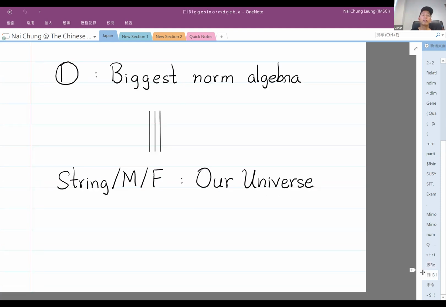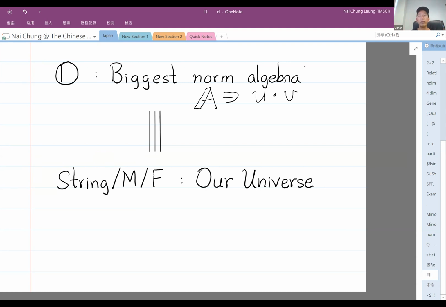Now, the octonion turned out to be the biggest possible norm algebra. So let me tell you what a norm algebra is. You have your algebra, meaning a real algebra, with elements u and v, and being an algebra, you can take a product. That's what an algebra is. But all the theories we look at always have a norm, to measure things, just like the Riemannian metric.